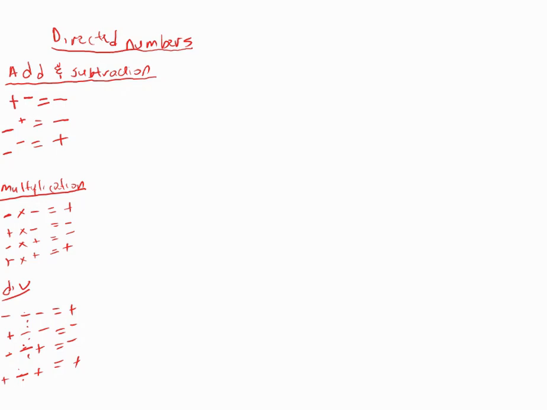So when you are working with two numbers, you can simply say when you multiply the numbers with the same sign, or when you divide the numbers with the same sign, they give you a positive. So based on our notes, let's do some exercises.